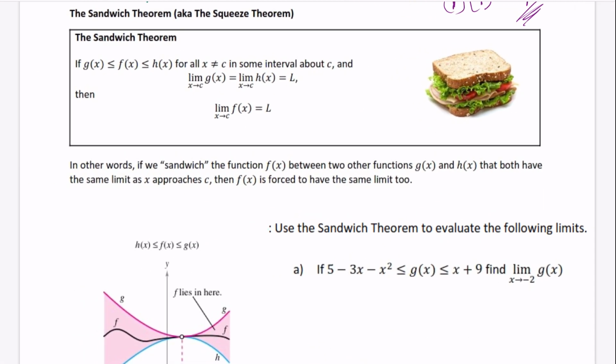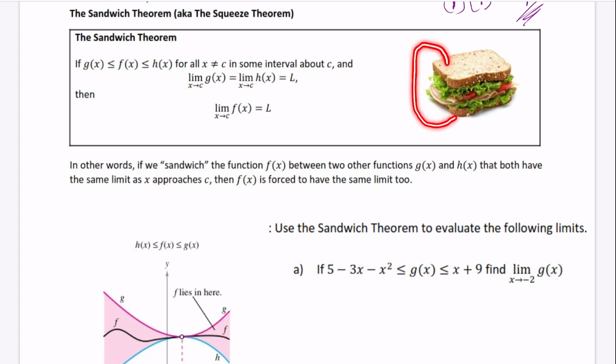Now, we want to consider the squeeze theorem, or another word is called the sandwich theorem. And what this sandwich theorem talks about is pretty simple. You have the top bread and you have the bottom bread. So it says that if you are looking for the limit of the stuff in between these two breads, which is the egg, the bacon, all the yummy chicken and salad and all the cheese, if you are looking for the limit of a cheese or chicken function, it says that find a top bread function and a bottom bread function.